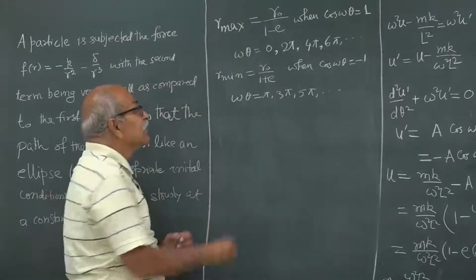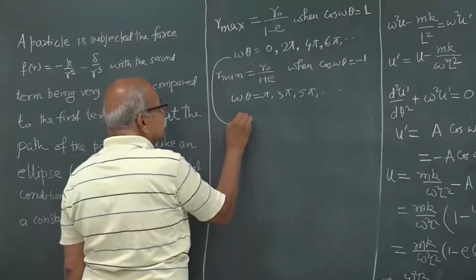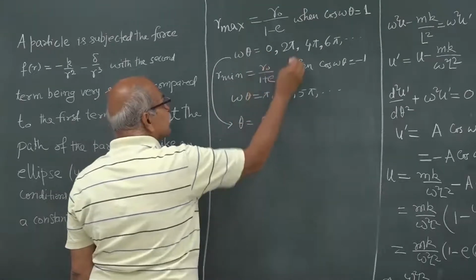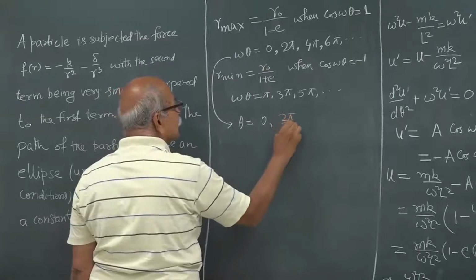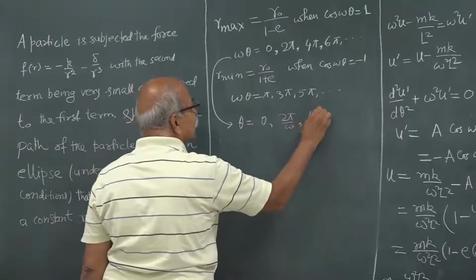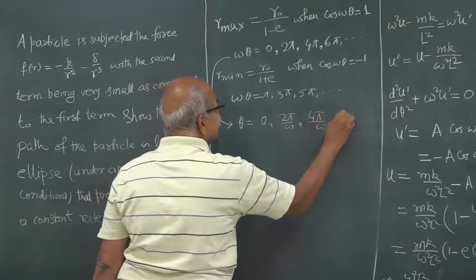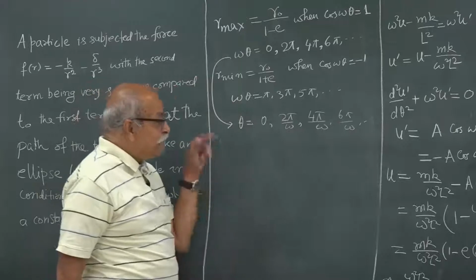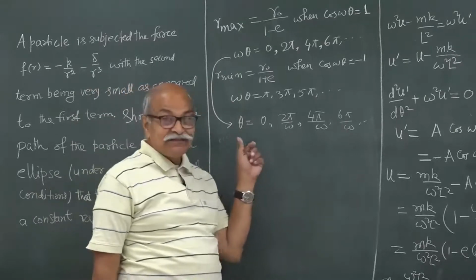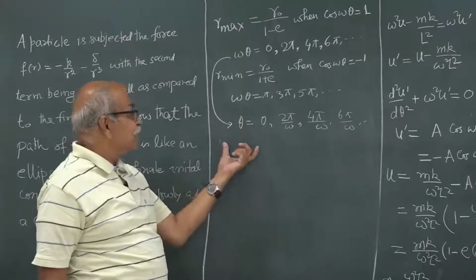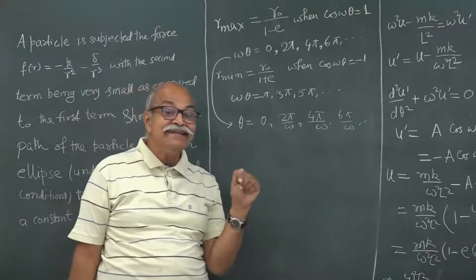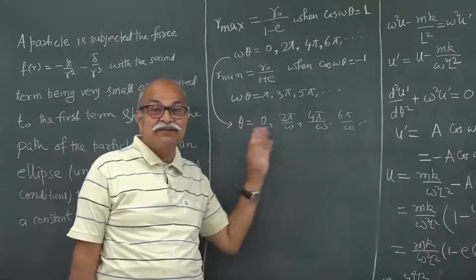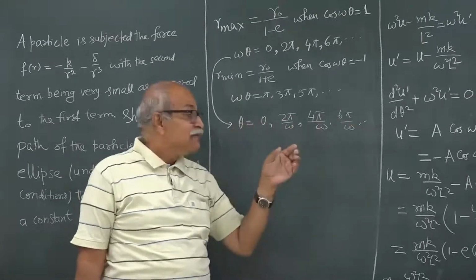What happens to theta? Let us start with theta equal to 0. Next, theta is 2 pi by omega, next 4 pi by omega, next 6 pi by omega, next 8 pi by omega. And omega is slightly less than 1, you see from the expression of omega square that we have defined.